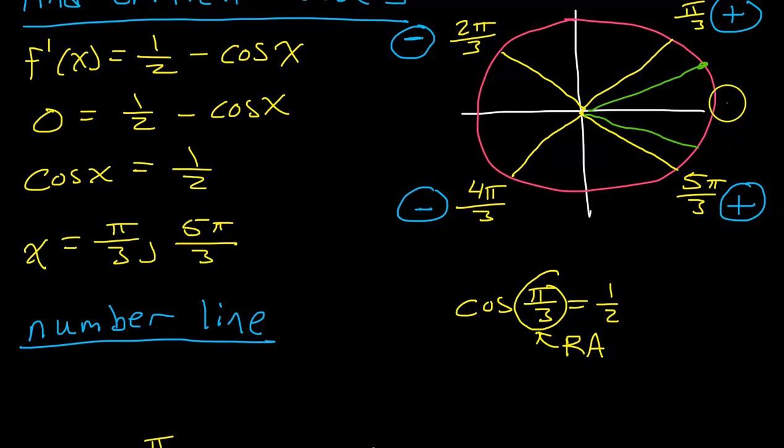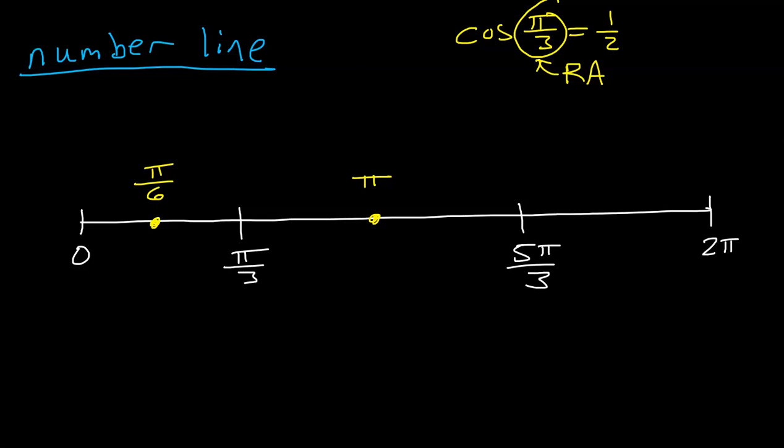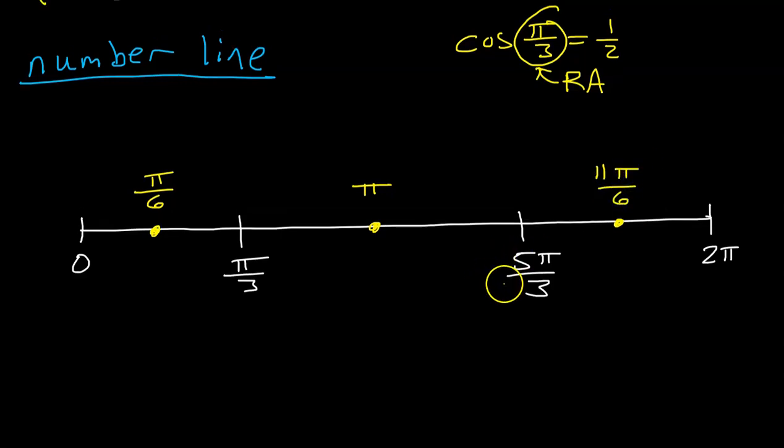And in my mind, I always say to myself, 2 pi is the same thing as 12 pi over 6. So if I go back 1, that's going to be 11 pi over 6. That helps me remember this is 11 pi over 6. So 11 pi over 6 would be between 5 pi over 3 and 2 pi, so I'm going to pick that.